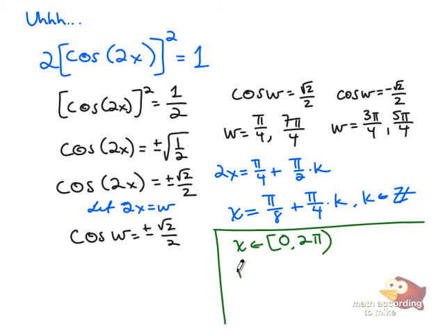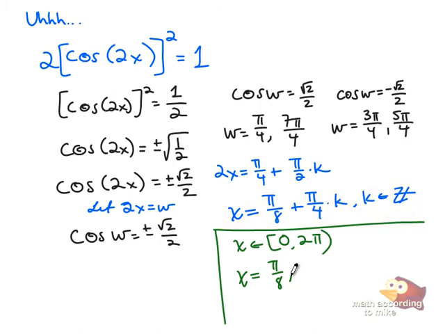Oh, I'll get you started. Pi over what? Well, how'd you get pi over? No, it wouldn't be pi over 4. So this says we're going to start at pi over 8, and then keep adding multiples of pi over 4.